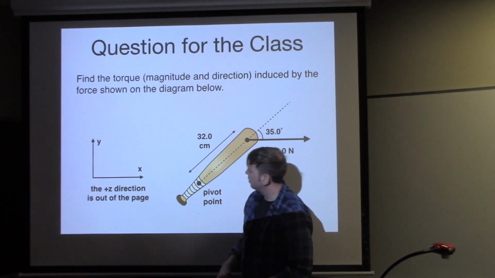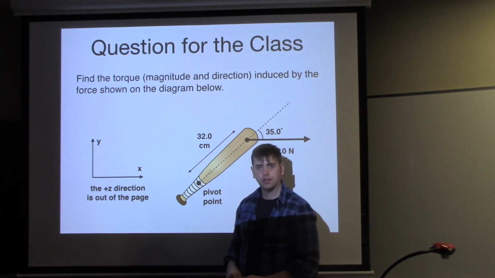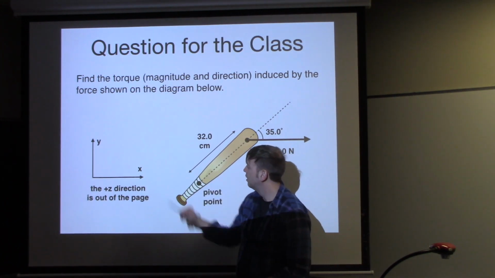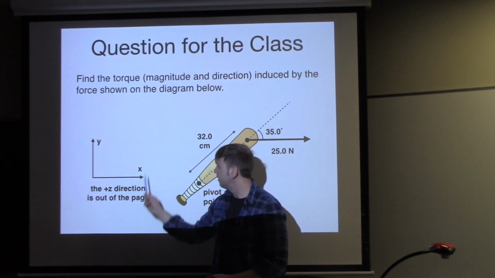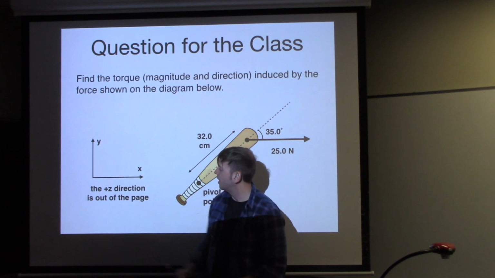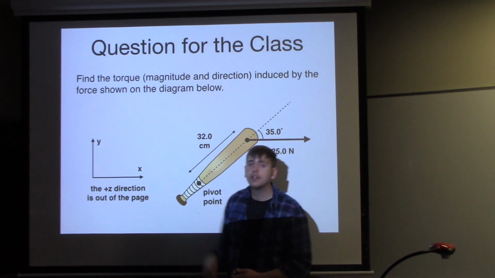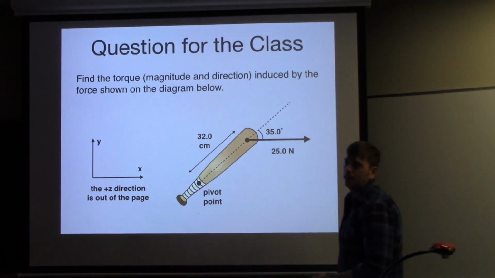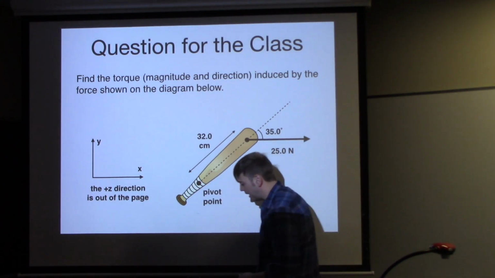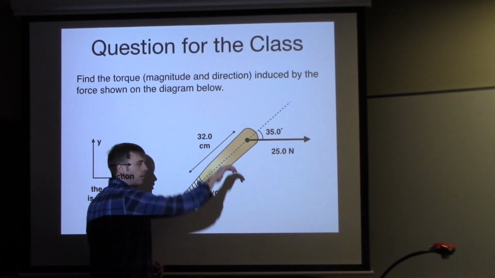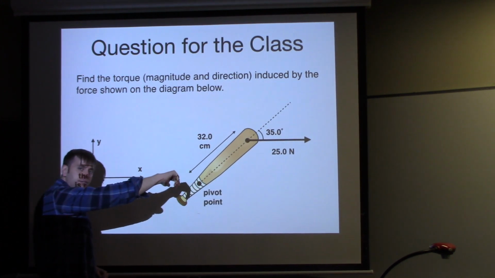Typically, when we show our coordinates on the plane of a page like this, we have X and Y in the standard way, so X going to the right, Y going up, and then the Z direction is coming out of the page. So if we have something going into the page, that's a negative torque. The torque is in the negative Z direction.